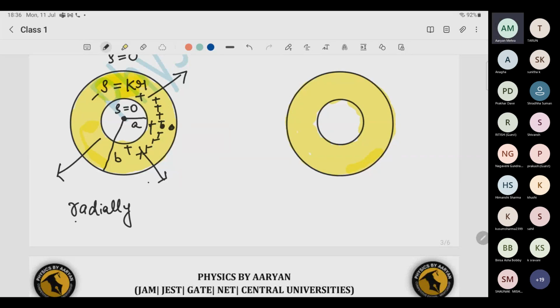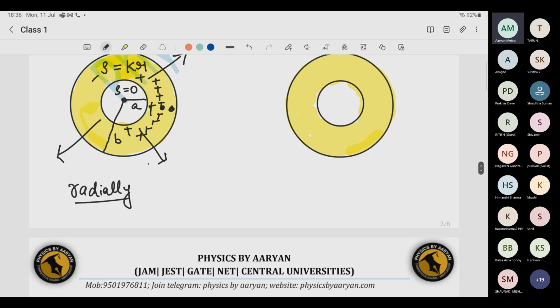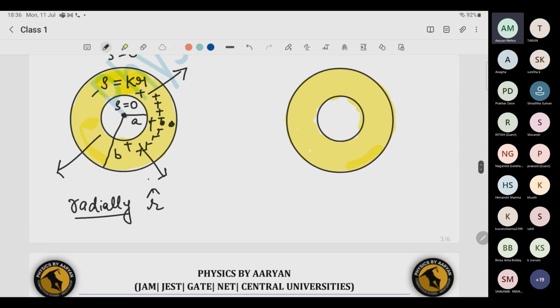Now from here the problem starts to work. We are not familiar with the words radially or spherical polar coordinates. Radially means r cap. Now we are not talking about x cap, y cap, z cap. We are only talking about r cap, theta cap and phi cap. So radially outward means r cap. Perfect.